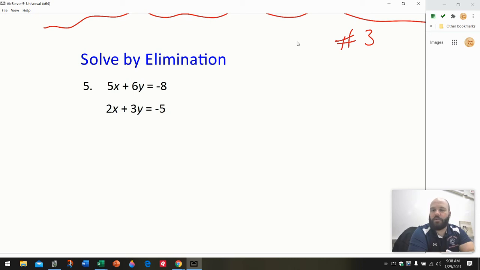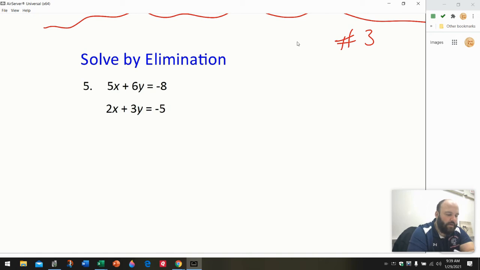So the first thing that you want to do is you want to kind of take stock of what you have and decide which variable you're going to make the same. Now, looking at these two problems, I think it would be the easiest to make the y values the same because it's going to require the least amount of work, and I will show you.